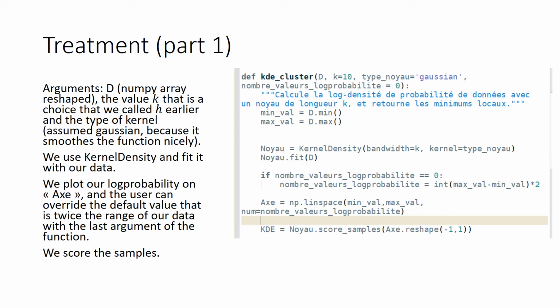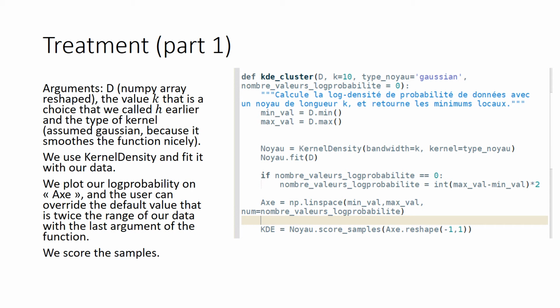The algorithm starts with finding the minimum and the maximum values. Then we call noyau, our kernel, the kernel density object from the library, with the bandwidth K and the kernel noyau. And then we fit the kernel with our data.